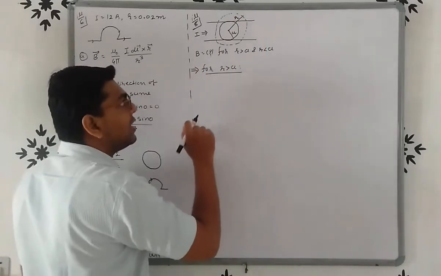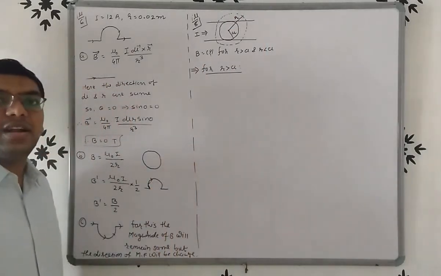To find out the magnetic field, we have to use Ampere's circuital law.